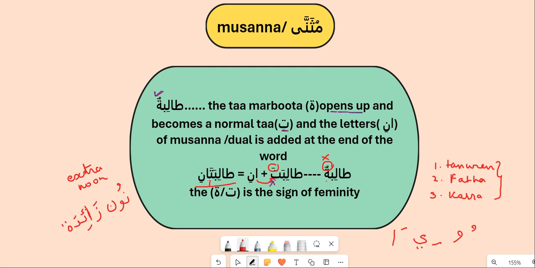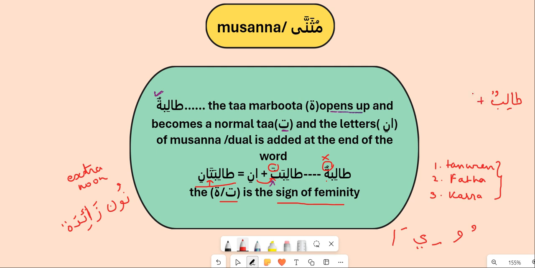So you need to keep this ta in mind. It comes with the feminine nouns. The ta is the sign of femininity. Keep that in mind. In the case of the male, for example, if you want to make talib into muthanna, there is no ta marbuta at the end and there is only tanween.